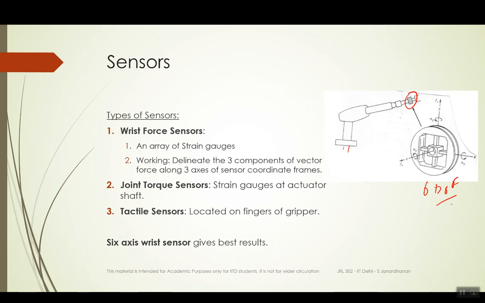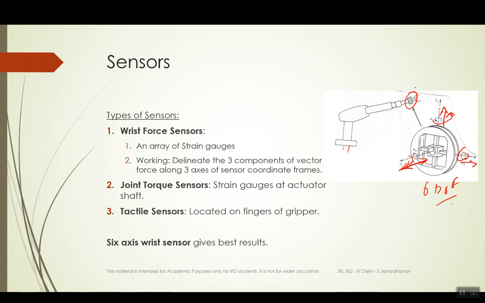It can detect forces in three directions and torques about three axes. By slight deflection of the strain gauge, you can measure the amount of force applied in the x, y or z direction, and similarly the torques experienced by this wrist about these three xyz axes also.